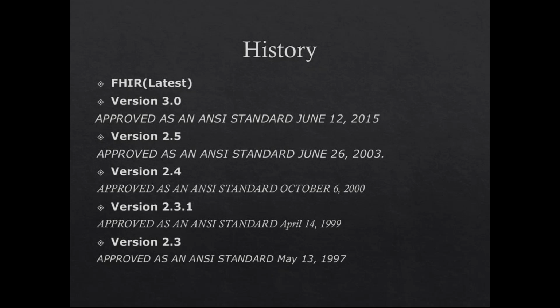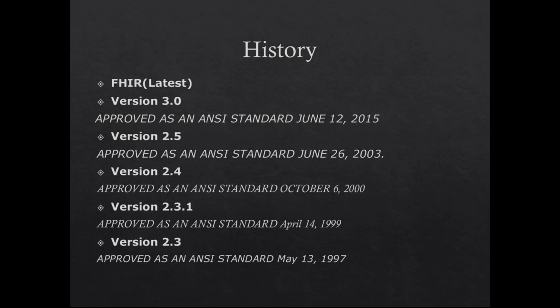Mostly it is used in mobile integrations or tablet integrations and all. This is the new standard laid down by HL7 somewhere around 2015-16. It is in the form of XML or JSON, so it is not in the form of HL7.